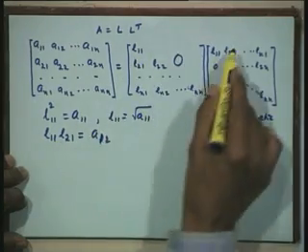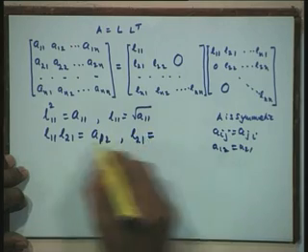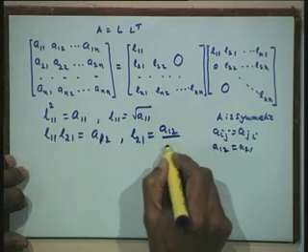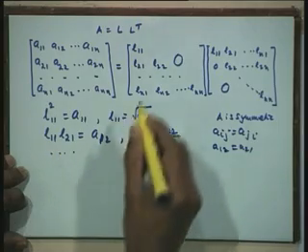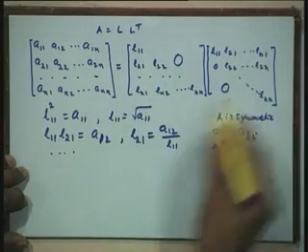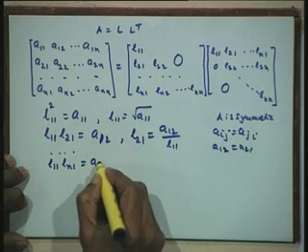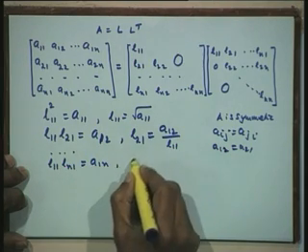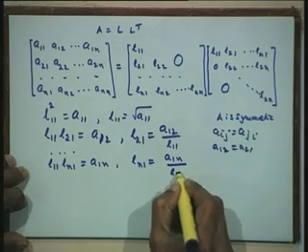Therefore, L11 into L21 is equal to A12. So, I can get L21 from here as A12 by L11, and so on. The first row and the last column will give me L11 Ln1 is A1n. Therefore, Ln1 is A1n upon L11.